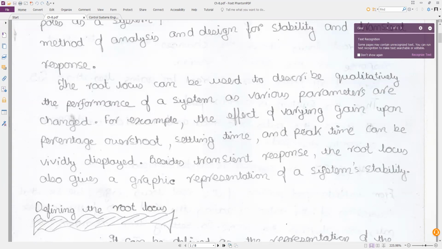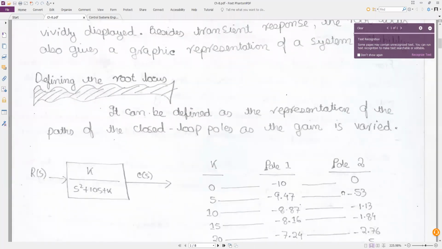Besides transient response, the root locus also gives a graphic representation of system stability. So we will see this one by one. By using the root locus, you can get the graphical representation of the system stability, and you can also analyze the transient response. So that would be nice.